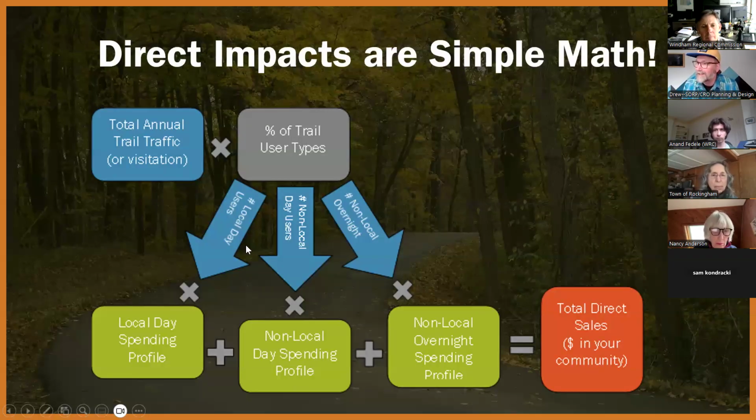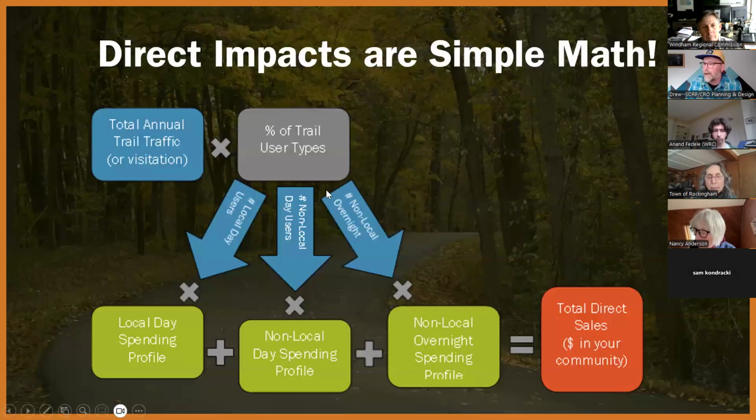But just for ease, let's say 50% of them are local day users and 25% of them are each of these types, non-local day users and overnight users. It's just simple math. 200 people came and half of them are local day users. Then we have 100 local day users. And if we know they spend $13.12 on average, we multiply that 100 times $13.12, and that's your direct impact.